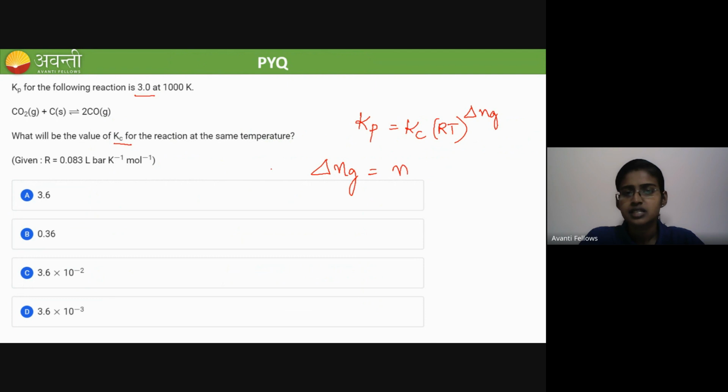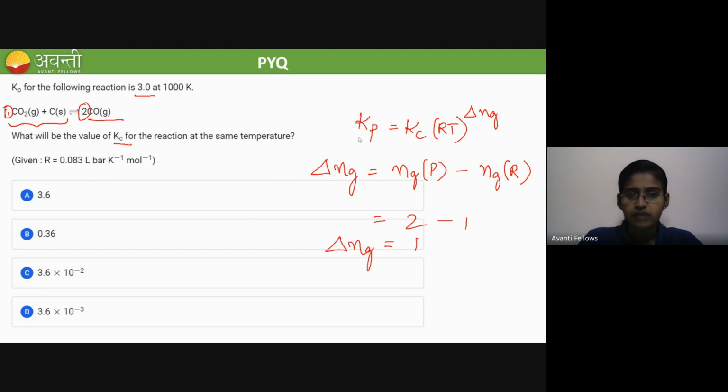Delta Ng is the change in number of moles of gaseous products minus gaseous reactants. Here the gaseous product is carbon monoxide, so the number of moles is 2. Among the reactants, only carbon dioxide is in gaseous form, so it is minus 1. So 2 minus 1 is 1. So delta Ng is equal to 1.